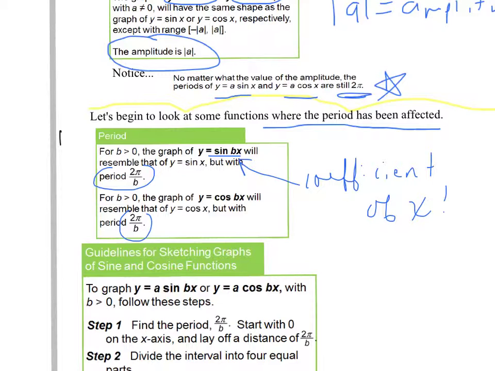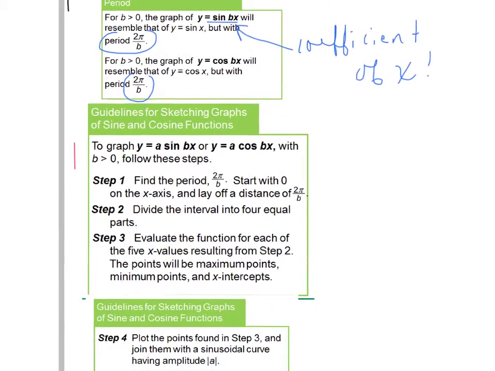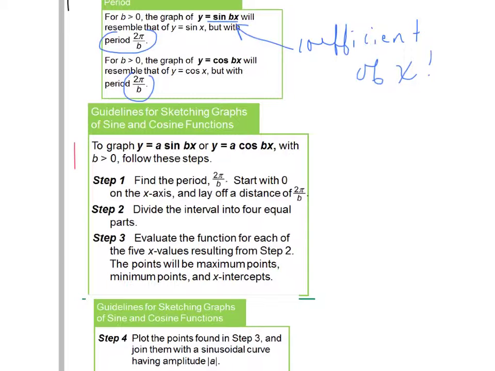Okay, general guidelines for sketching sine and cosine. We mentioned this earlier, but here it is in words. Find the period 2 pi over beta, and lay off a distance from 0 to 2 pi over beta on the x-axis, and divide that interval into 4 equal parts. Evaluate the function for those respective x values that you found above.